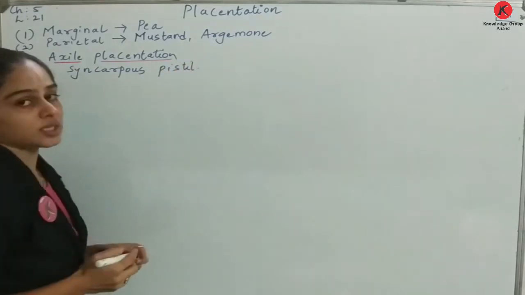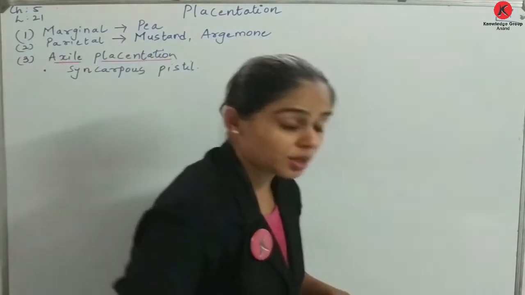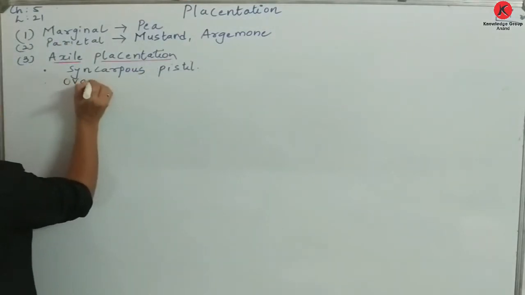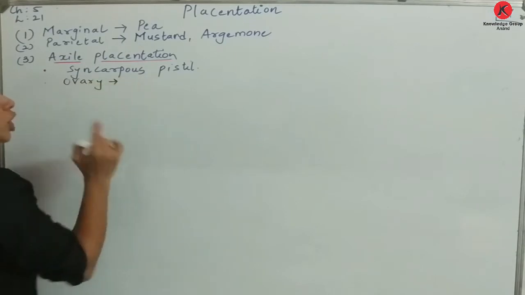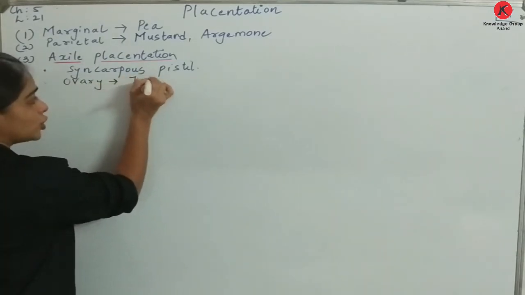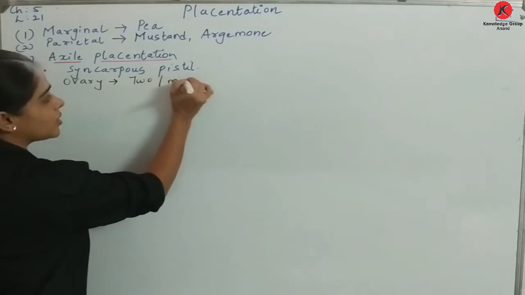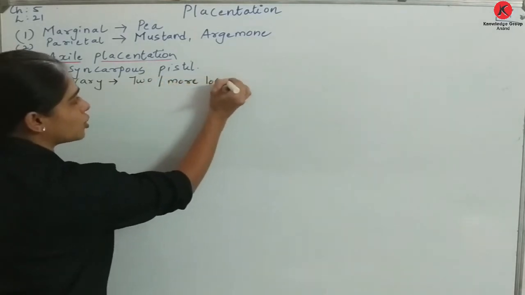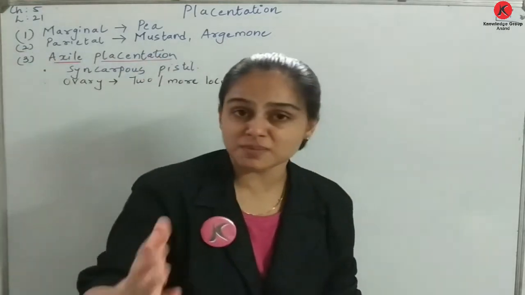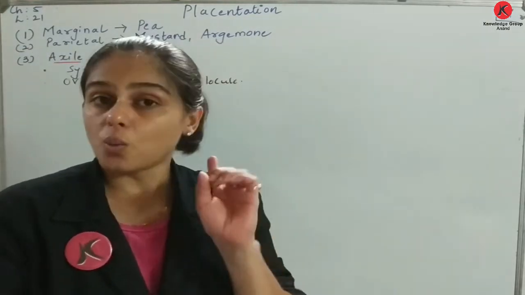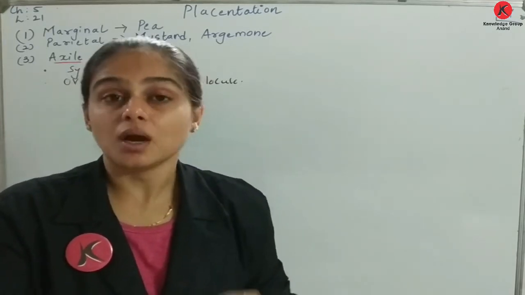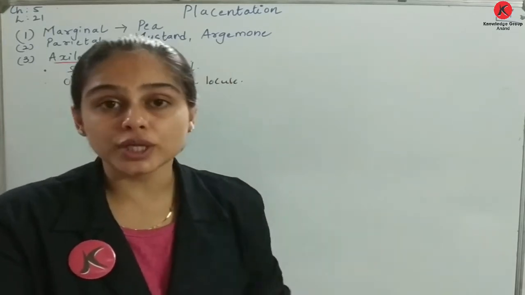I am writing, dear student, the most important thing here: the ovary has two or more locules. Are you getting my point? Until now, in marginal, what was the ovary like? One compartment, unilocular. Parietal ovary? One compartment, unilocular.